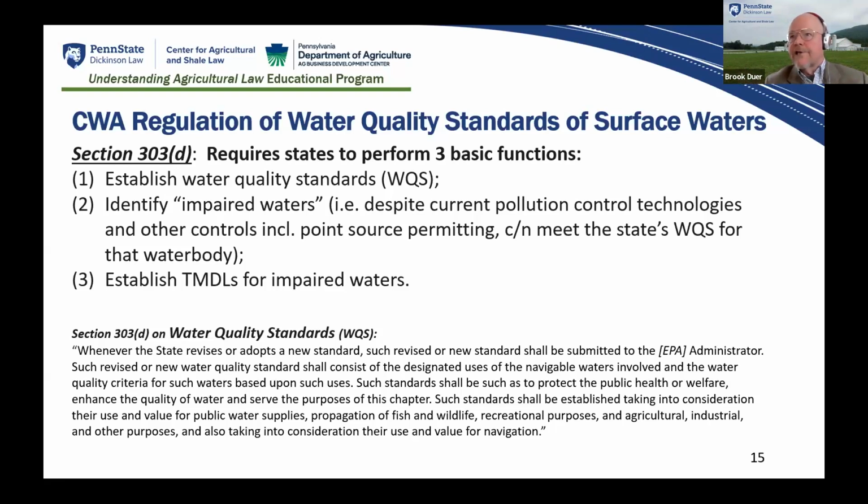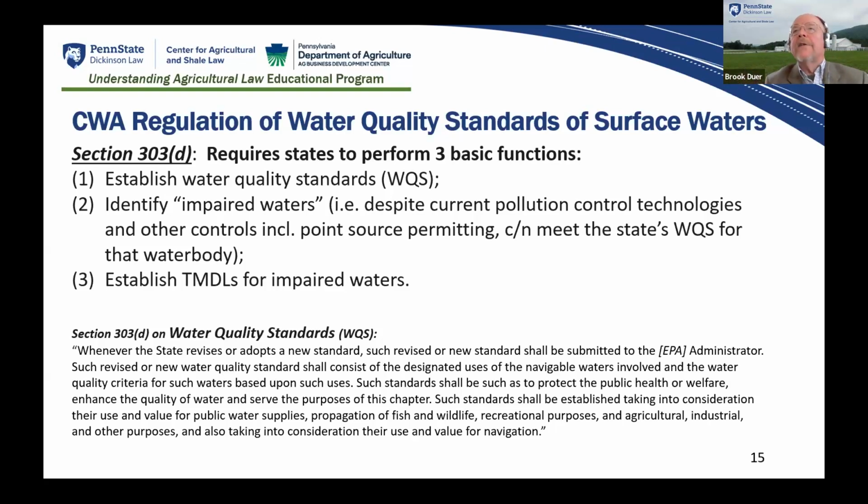And the standards can change depending on what the water source is being used for. That's part of establishing the water quality standards, tailoring them to what the water's intended to be used for if it were not polluted.